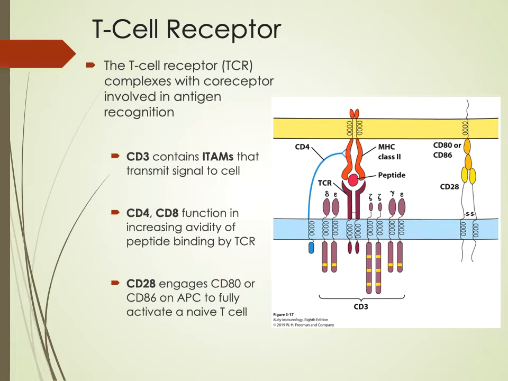This interaction between CD28 and CD80 or 86 is important for complete signaling. We'll talk about later, when we talk about T cells, how we need a first signal, a second signal, and a third signal in order to get a response.